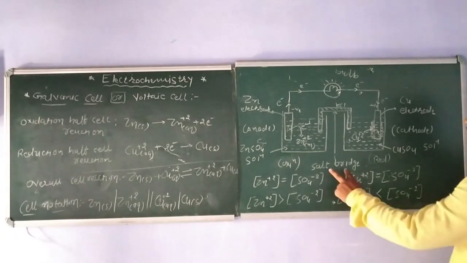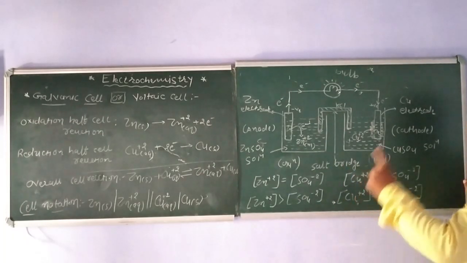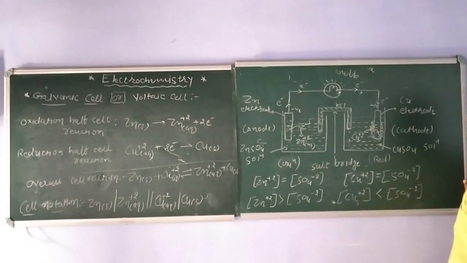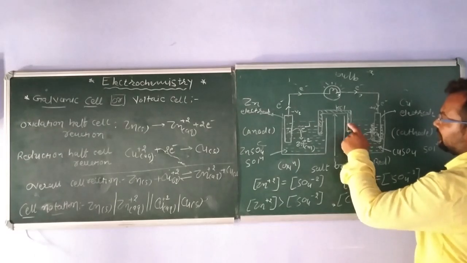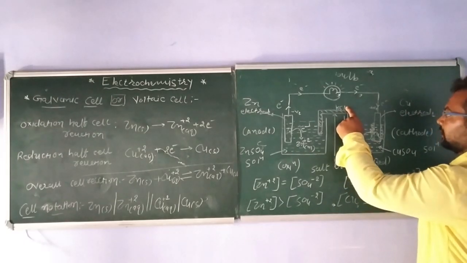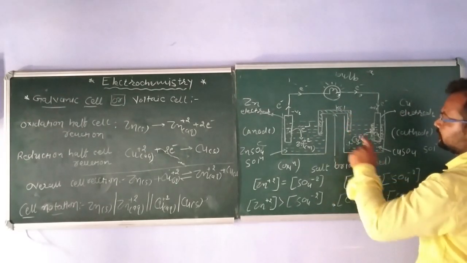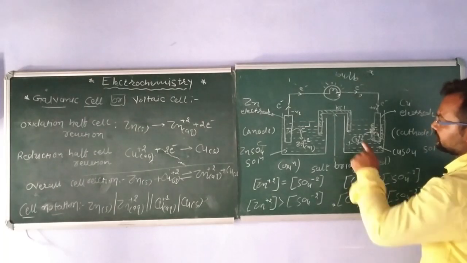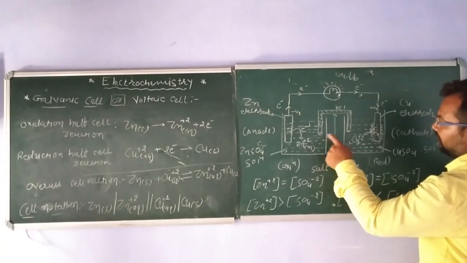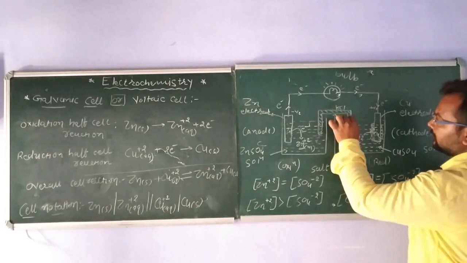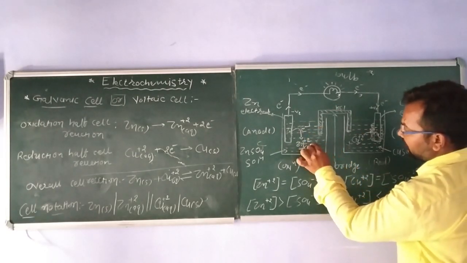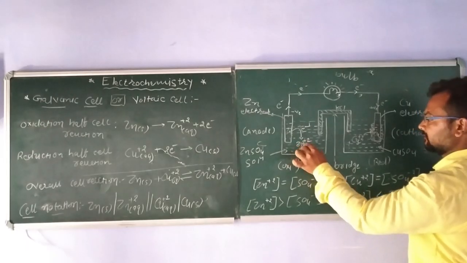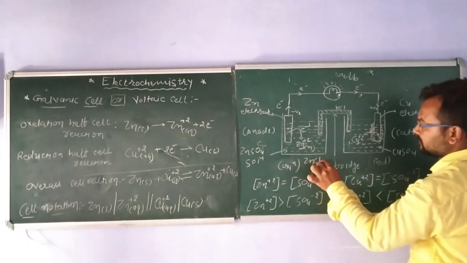Then we use a salt bridge. The salt bridge is an important part of a voltaic or galvanic cell. The salt bridge is made up of a U-shaped glass tube, and saturated KCl solution is filled in the U-shaped tube, and it connects container A with B. Cl- migrates towards Zn+2 and it is converted into ZnCl2.